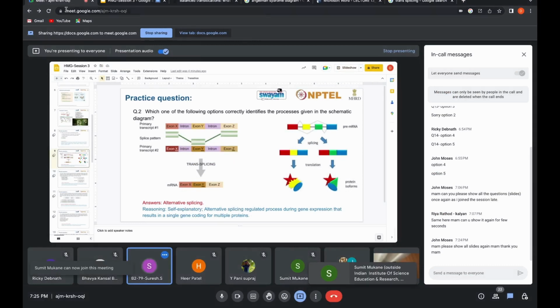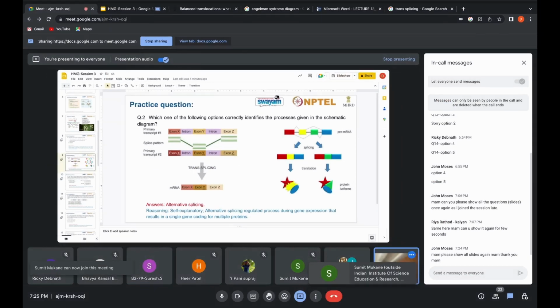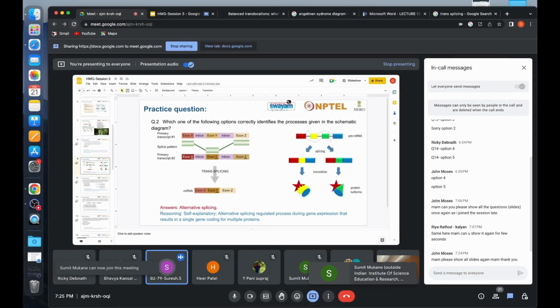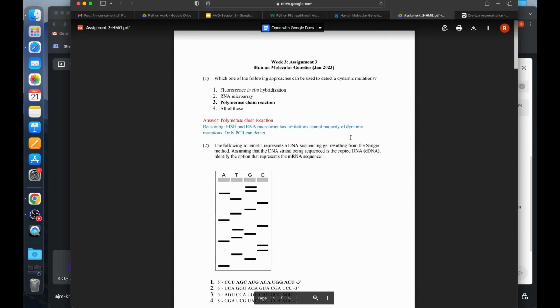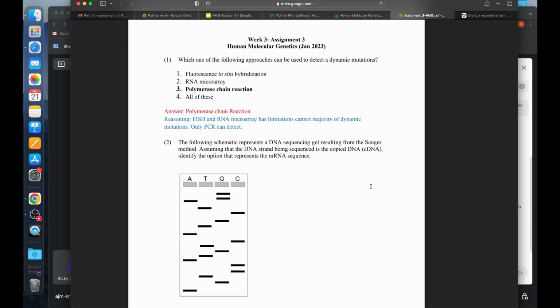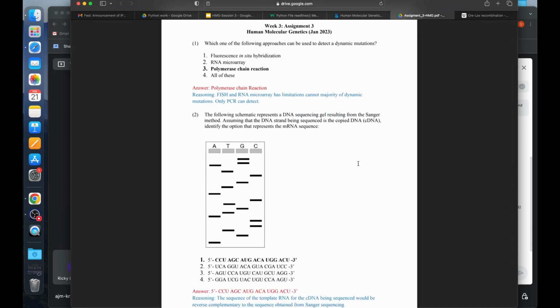What was your doubt in that? Ma'am, they have given something as copied DNA. What does that mean? Copy DNA or cDNA? Both, ma'am. They gave it in brackets that it is cDNA, and cDNA broadly gives us copied DNA.